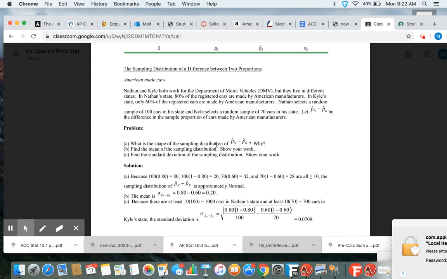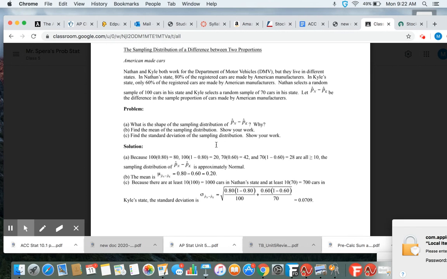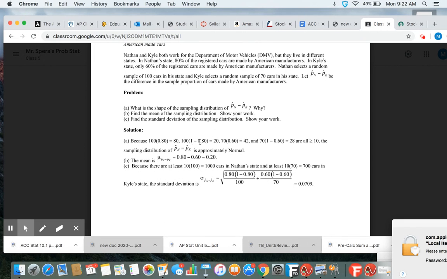Okay, so what is the shape of the sampling distribution? All right, well, what do we know about some of the conditions that we've checked? Well, we know that this condition, large counts, allows us to say that if it's satisfied, we can assume that it's approximately normal. That is, if we take our sample size and multiply it by the percentage of American manufactured cars.